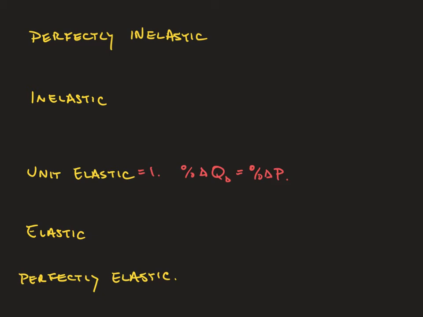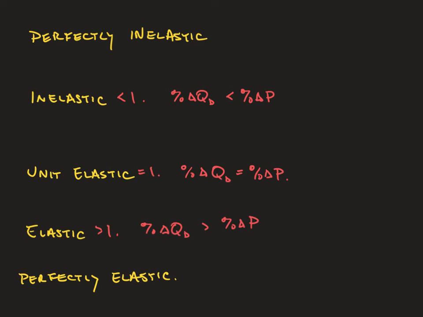Inelastic means that the elasticity is less than 1, which means that the percent change in quantity demanded is less than the percent change in price. Elastic means that the elasticity is greater than 1, and the percent change in quantity demanded is greater than the percent change in price. Okay?